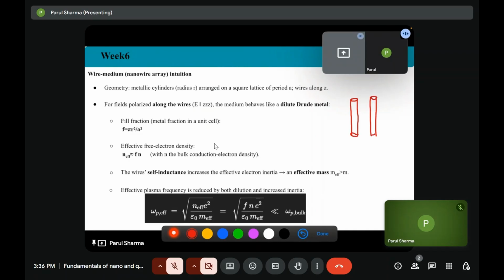These are periodically arranged. The wire is along the axis, with a periodicity of A and a radius R.